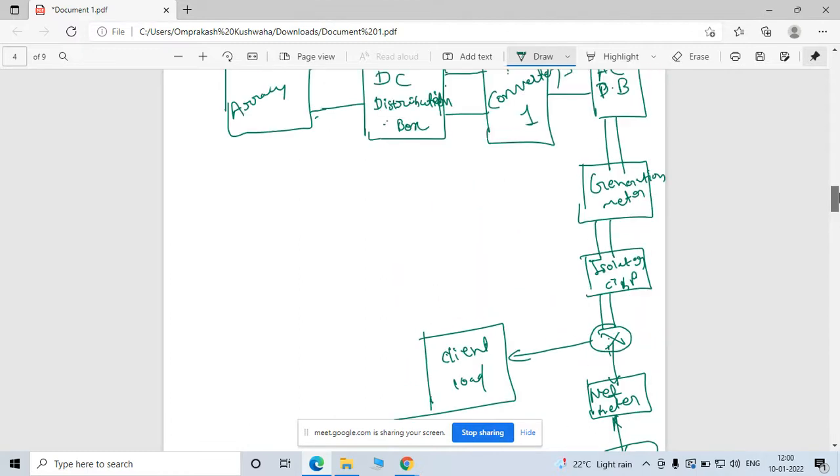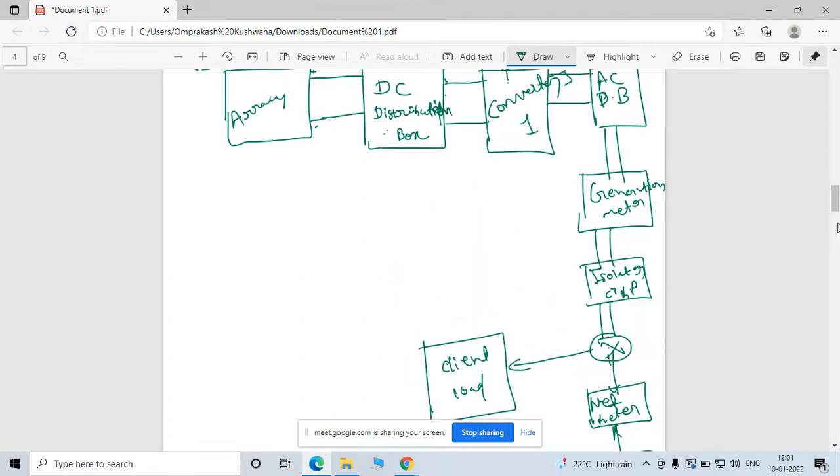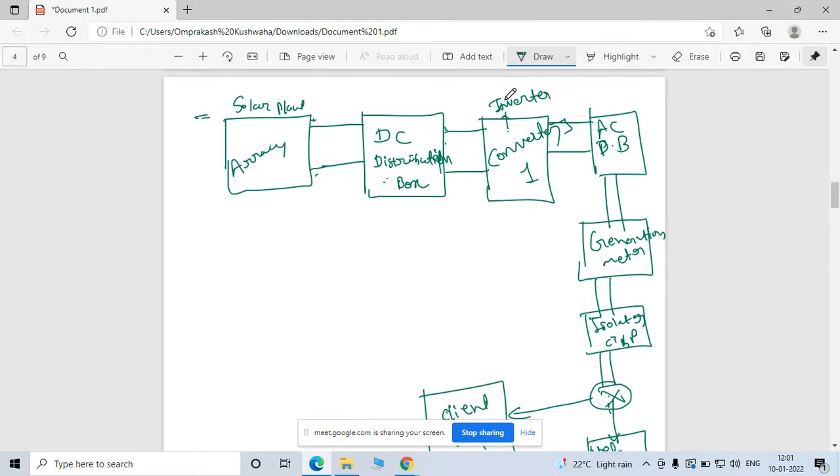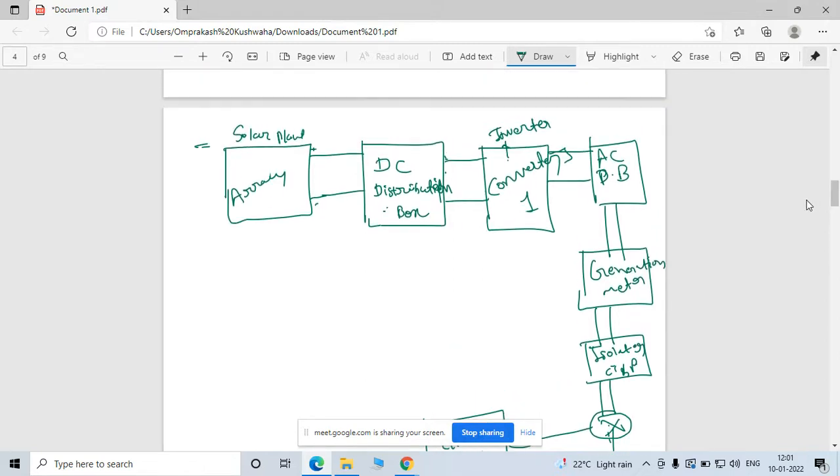Such an arrangement you have to make, and there are some automatic controls by which the inverter can adjust and transfer your power. There are many converters by which you can prioritize the power condition, meaning the source condition.